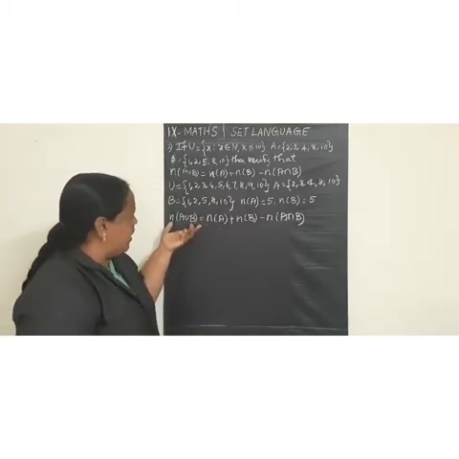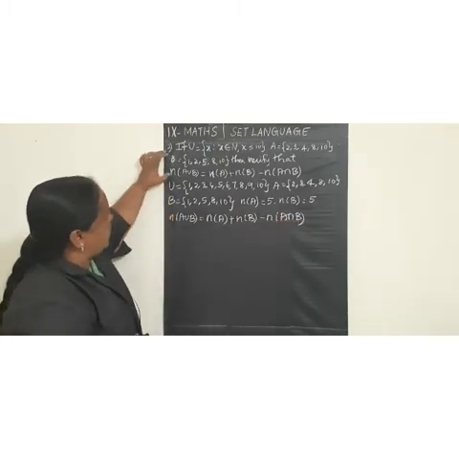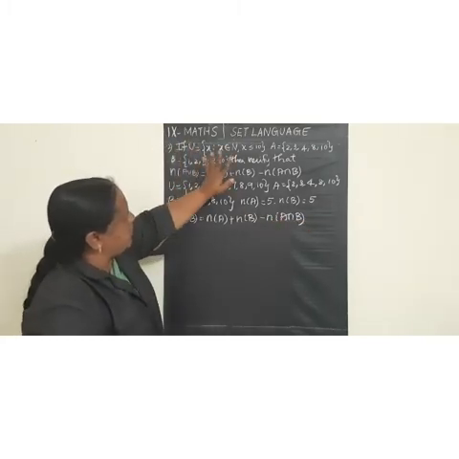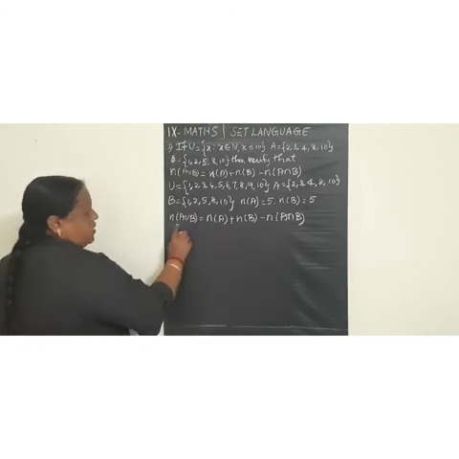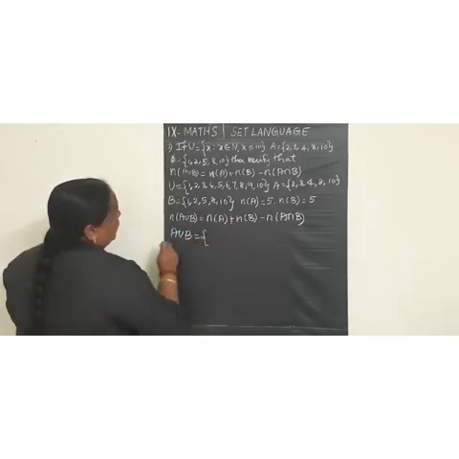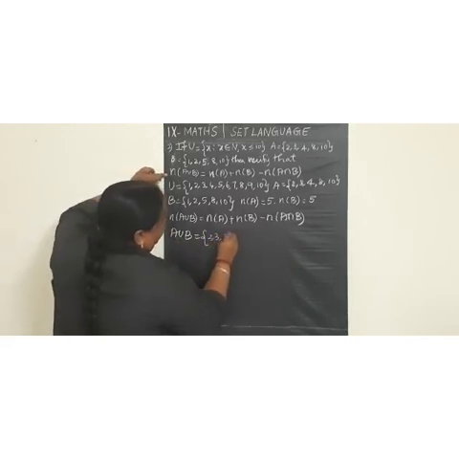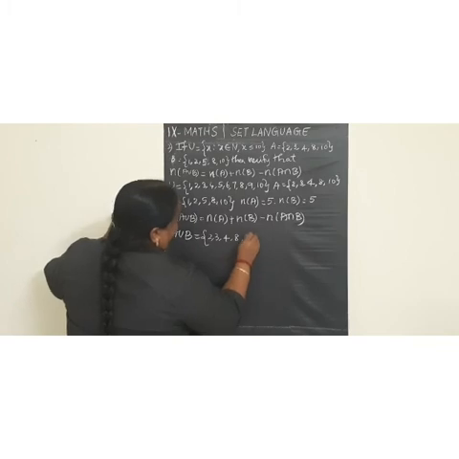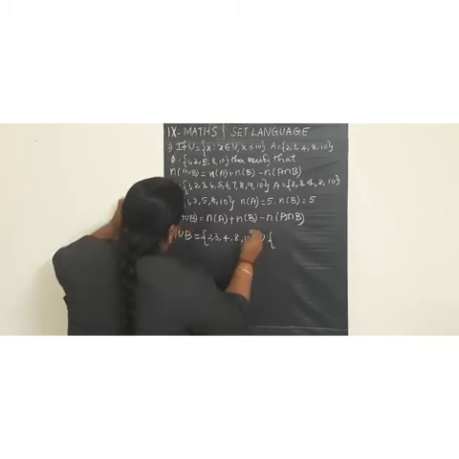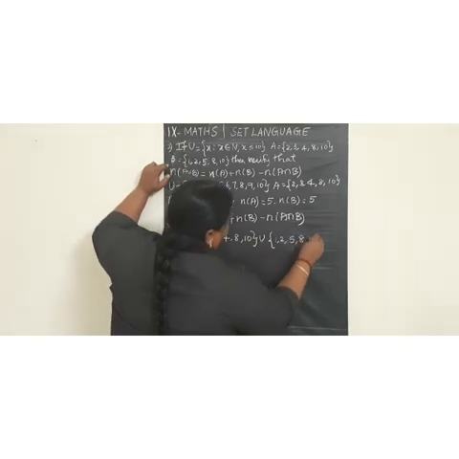We need n of A union B and n of A intersection B. Here they didn't give that, simply they have given the sets A and B. So we have to find first A union B. A union B is equal to, what's the set A? 2, 3, 4, 8, 10, union B, 1, 2, 5, 8, 10.